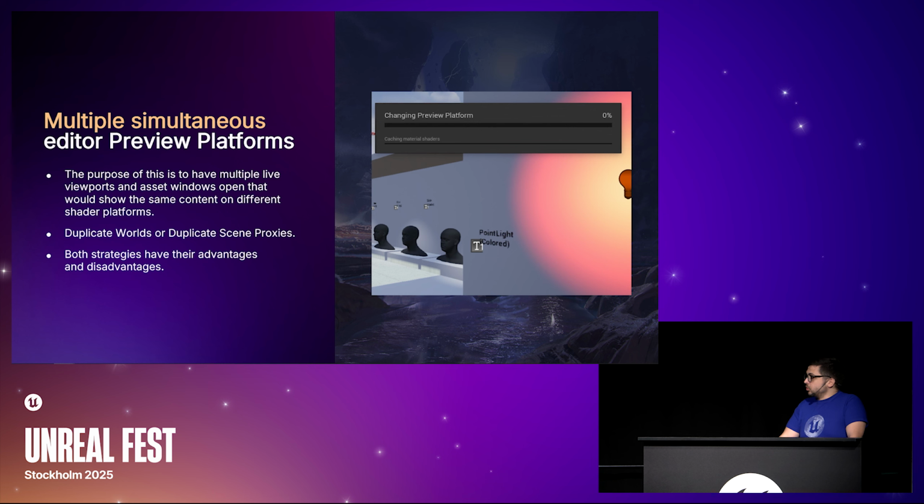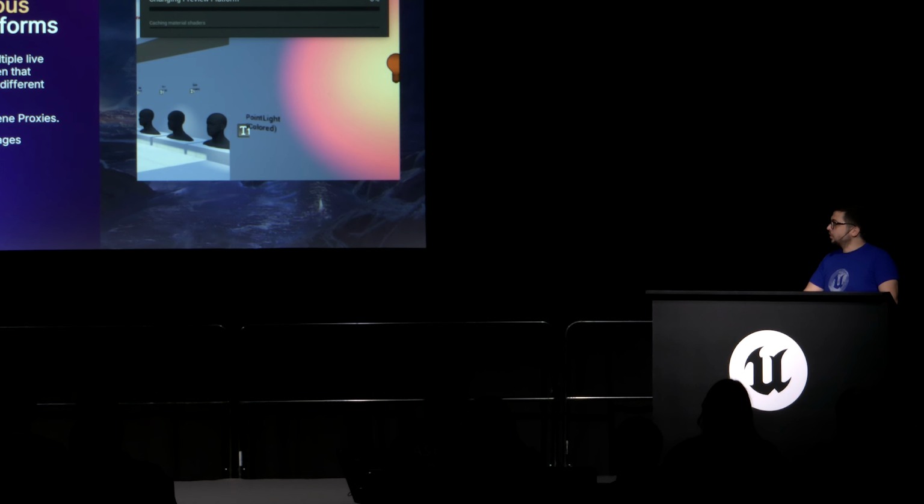So there are two solutions, or tactics: duplicate worlds or duplicate scene proxies. The duplicate world, I found the engine really doesn't like, so that's kind of in the backlog. But the duplicate scene proxies is something that we're working on right now.